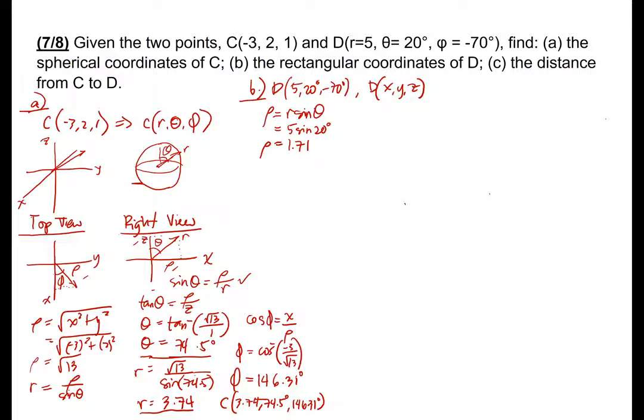And then given rho and P, we know that P is equal to negative 70. Then you can solve for X. X then is equal to what?